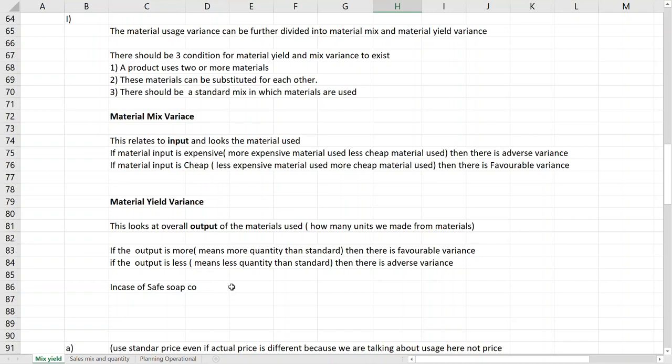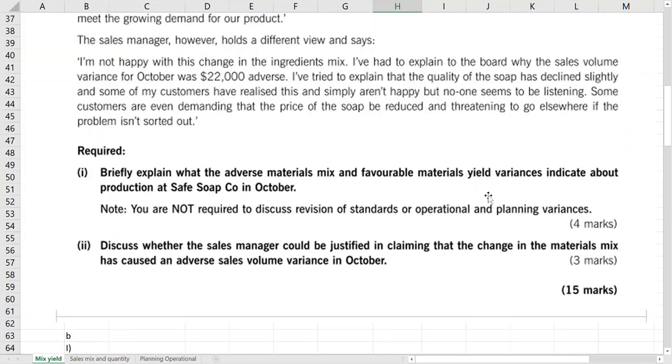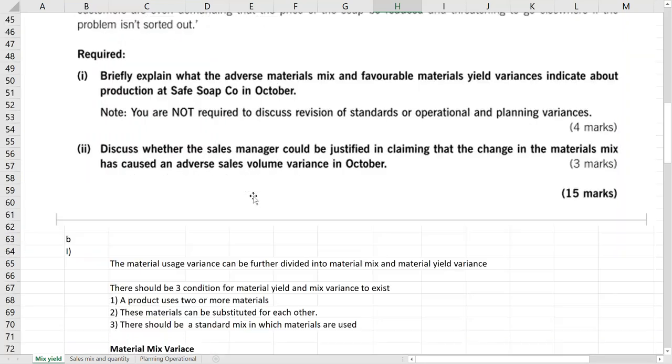Now, if you give general answers, you will not get full marks. Okay, your answer should be specific. Here they have asked to indicate about production at Safe Soap Co. in October.